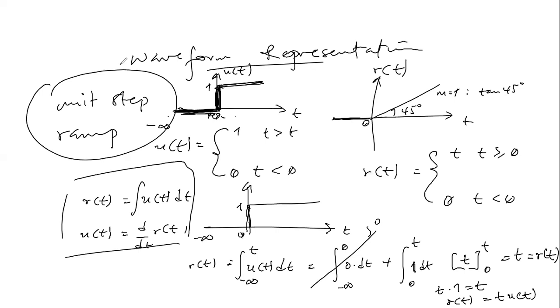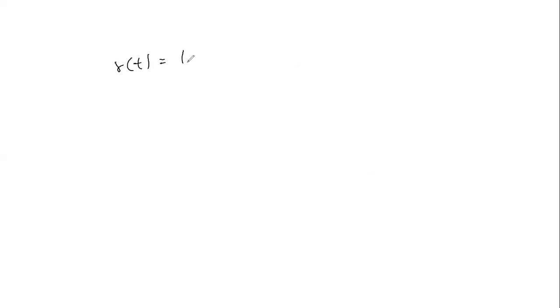Now, if the ramp function is the same as t u of t, and this signal should experience some delay, r of t minus t sub k, you know that time delay is represented by a negative, right? If it's positive, it's time advance.